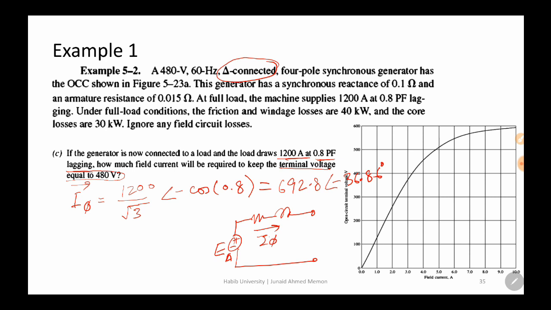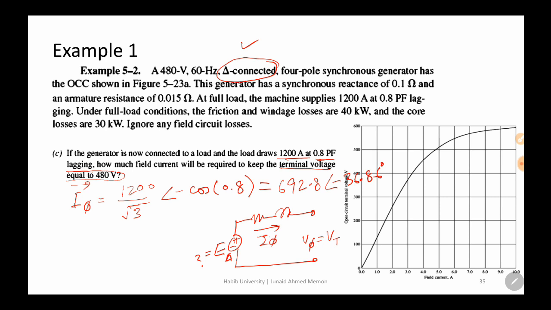When we want to keep the terminal voltage at 480 volts and we have a delta connection, it means V terminal is equal to V phase because of the delta connection. So now we want to know what EA should be, such that V phase is equal to 480 volts. It's very easy, we can apply KVL.